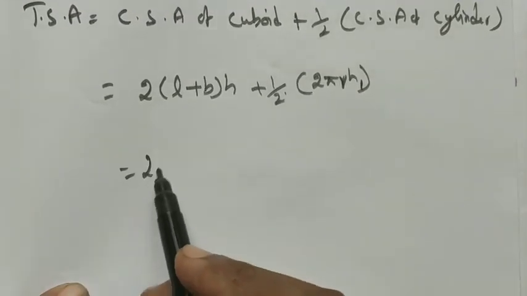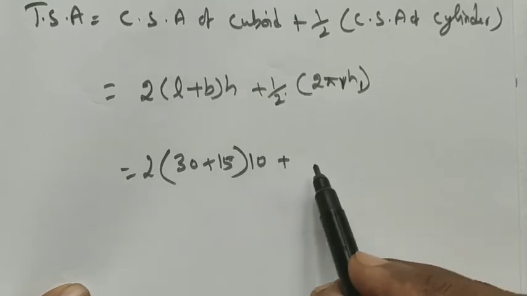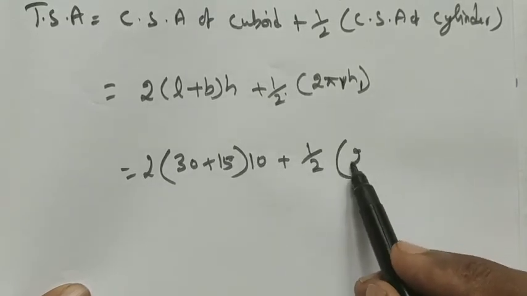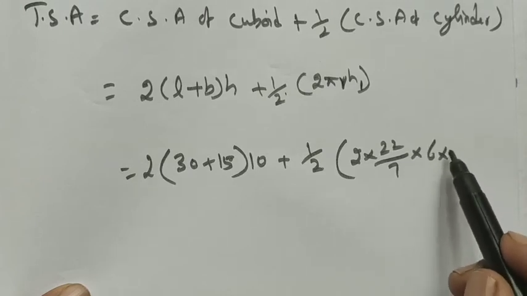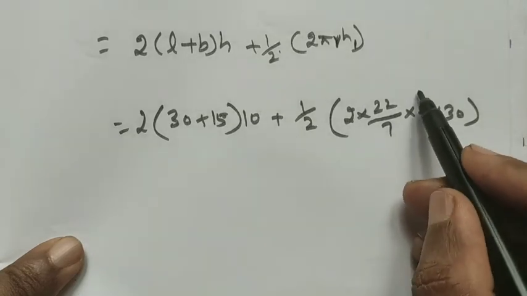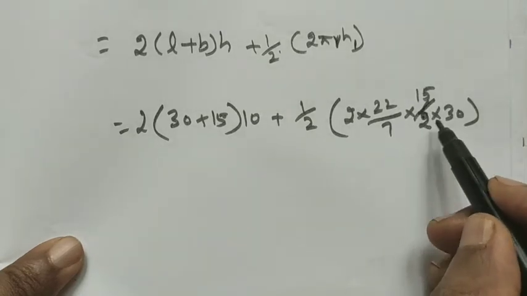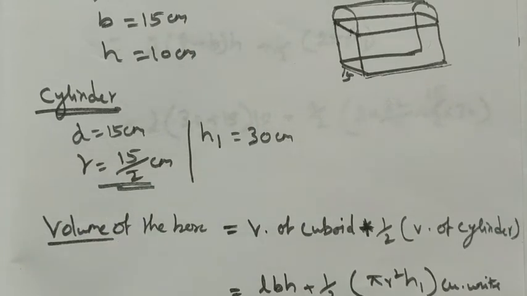So 2 into the length 30 plus the breadth 15, the height is 10, plus 1 by 2 into 22 divided by 7, and the radius r is 15 divided by 2, height h1 is equal to 30.